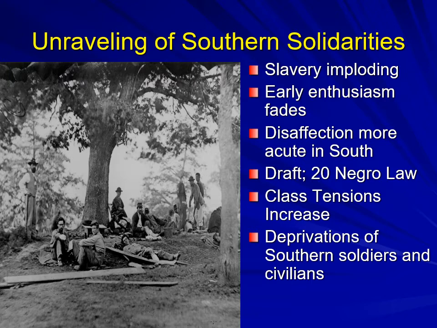So maintaining solidarity is vital to that slave society, and it's vital to maintaining an effort to fight for that slave society. And it's becoming harder and harder for the South to do that, making this another factor ultimately conspiring against the South after 1863.